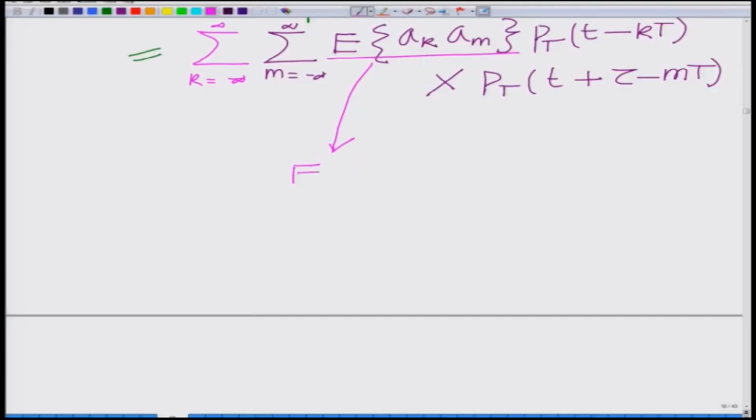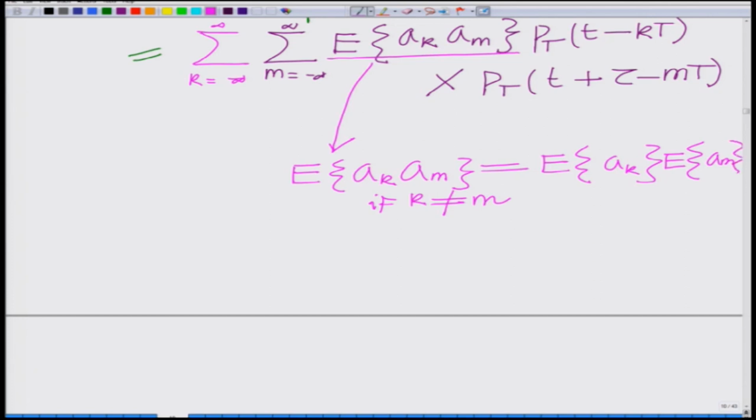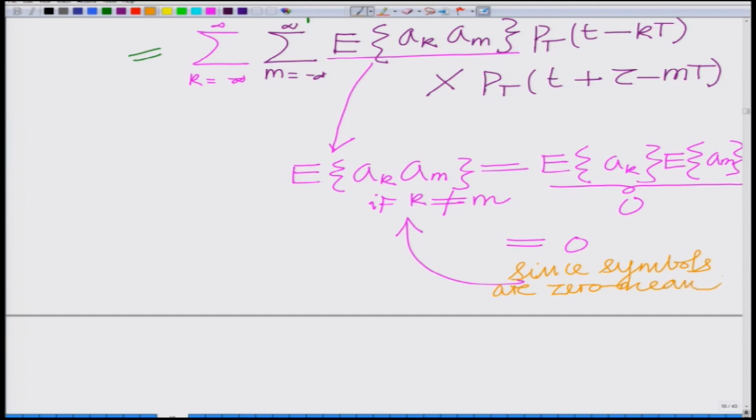Therefore, expected value of a_k a_m, if k is not equal to m, we have seen this, because symbols are independent, this is expected value of a_k into expected value of a_m, which is equal to 0, since the digital symbols are IID, zero mean. But if k is equal to m, then it becomes expected value of a_k square, and that is not equal to 0.